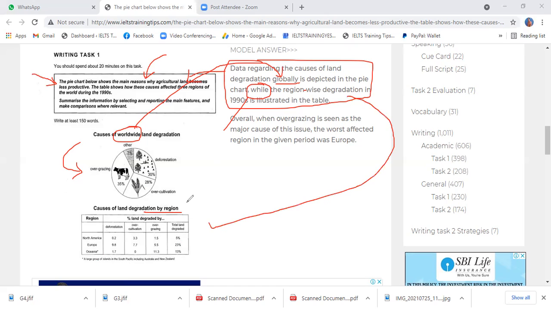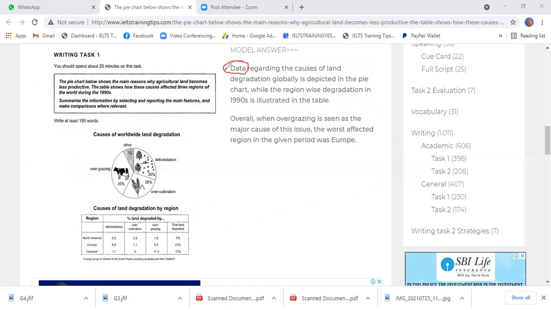That 1990s is not there in the title, so I have added that because it is there in the question. Is illustrated in the diagram, even though we have two things here. The word data is considered as singular as well as plural. So now it is considered data, I cannot say data are, so you can say data is illustrated in the table. So I've seen the grammar part too.